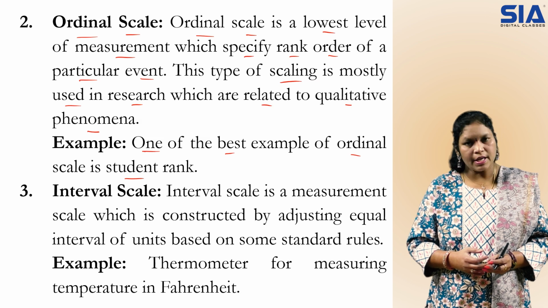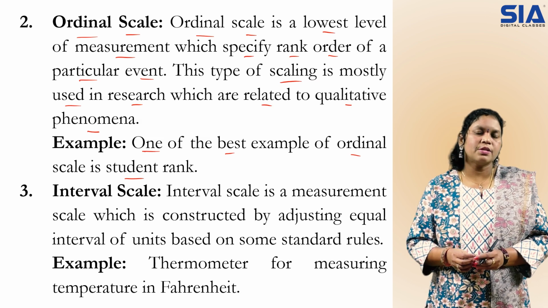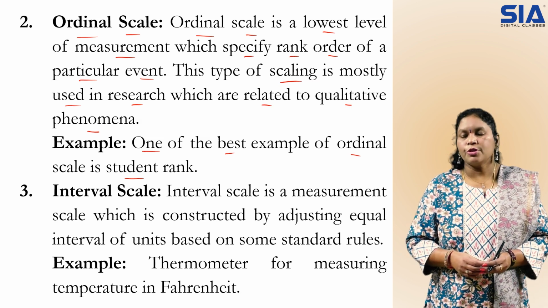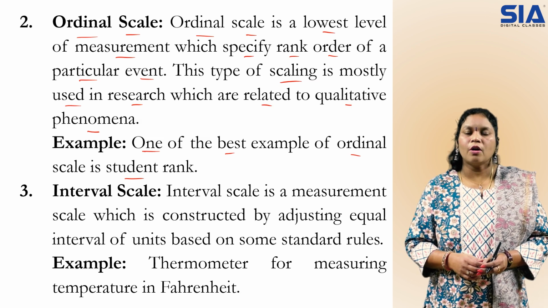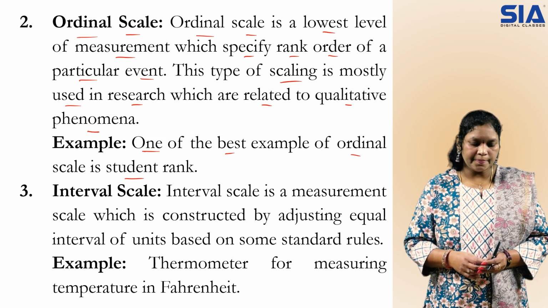We can't identify extra information like subjects or the frequency of marks the students got. So whenever ranks are specified, we consider them ordinal scale under non-parametric. So this is the ordinal scale type of data.